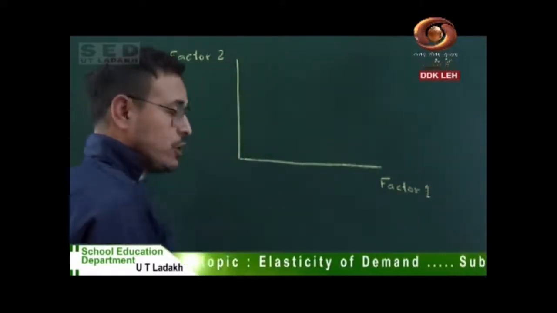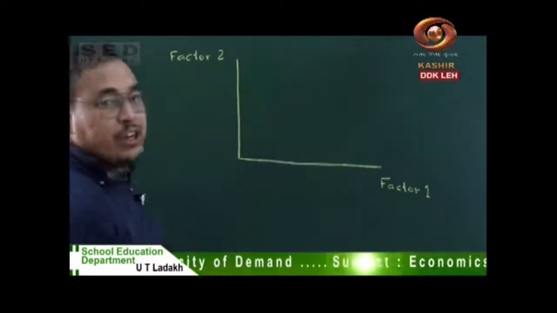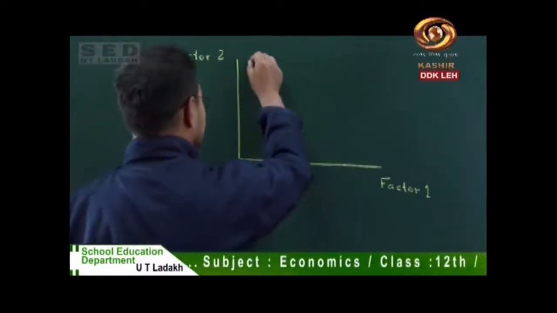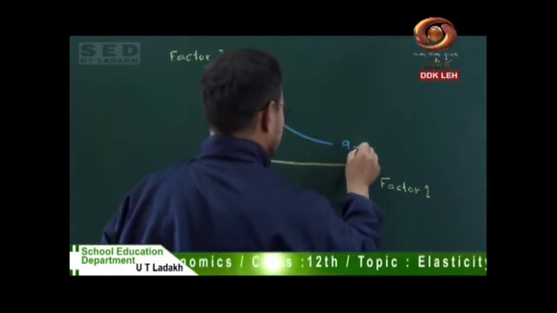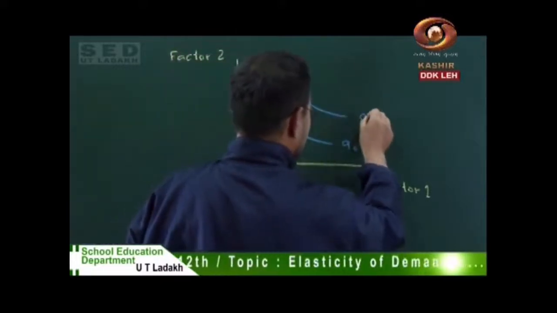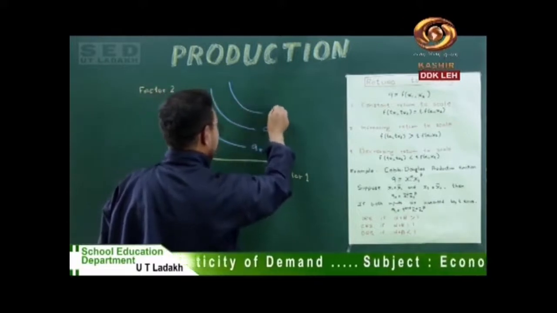Now what are isoquants? They are different combinations of factor inputs that give you the same level of output. So I am drawing some isoquants: that is Q0, that is Q1, and say this is your Q2.